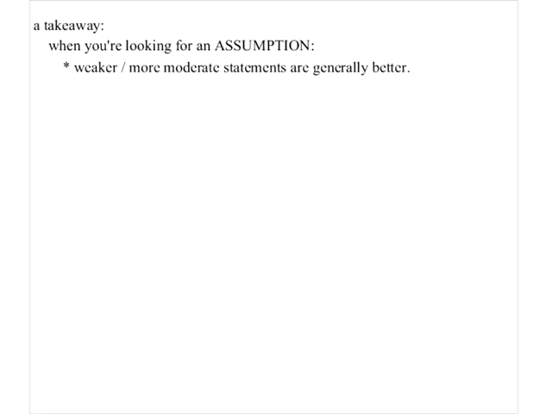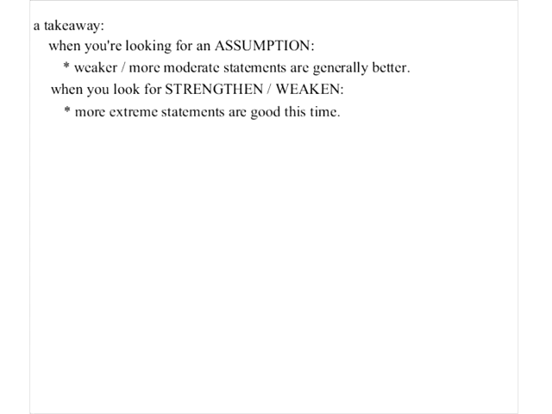On the other hand, when you're looking for a strengthen or weaken question, more extreme statements are more likely good this time. So it's polar opposites here.